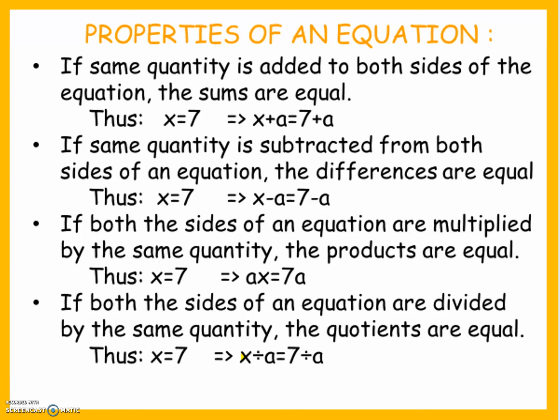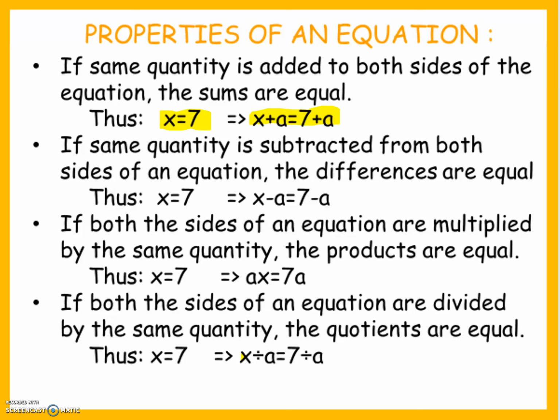Let's see. x plus a equal to 7 plus a is the same thing as x equal to 7. I can add a to both sides, but the answer will remain x equal to 7.